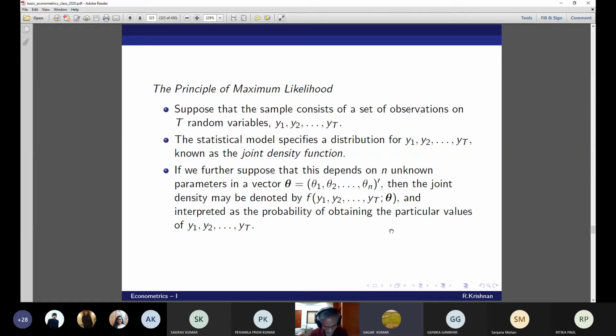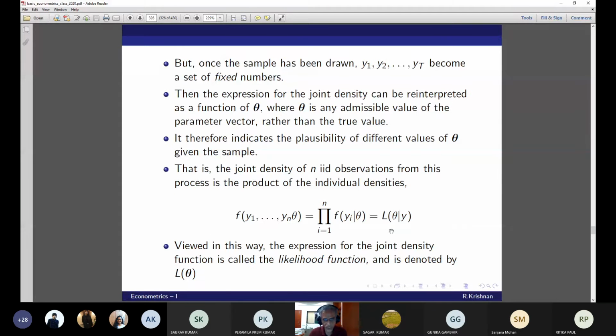In the joint density function, our idea is to maximize the probability of obtaining these particular values for any given set of theta. In the maximum likelihood, how does it tackle it? The moment y1 to yT is given, it becomes a set of fixed numbers, isn't it?